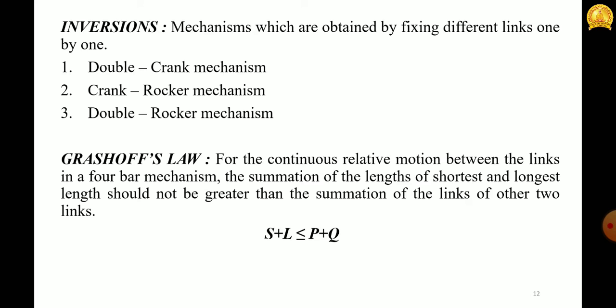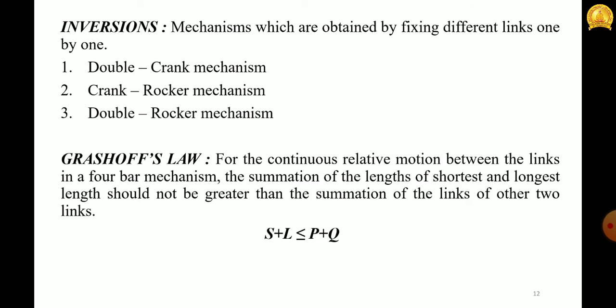The main inversions that are obtained from a 4-bar mechanism are double crank mechanism, crank rocker mechanism, and double rocker mechanism. Grashof's law helps us to predict whether one part can rotate continuously or not. We apply the criterion to 4-bar kinematic chains that are joined with pin joints.